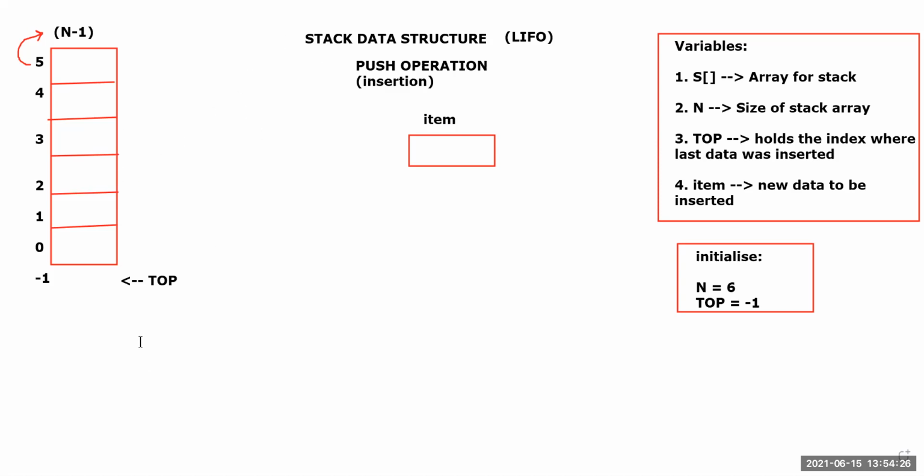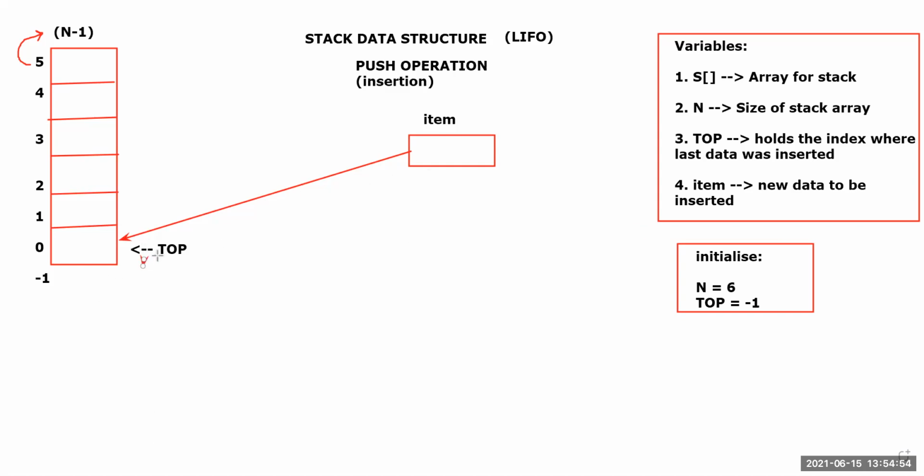If my top is not already at n minus 1, I will increase my top, and then I will just copy the item, the data which is present in the item variable, to the index where top is located. All right. So let us start with it.